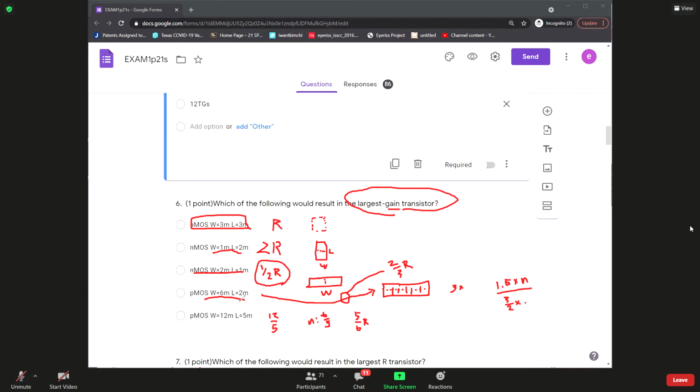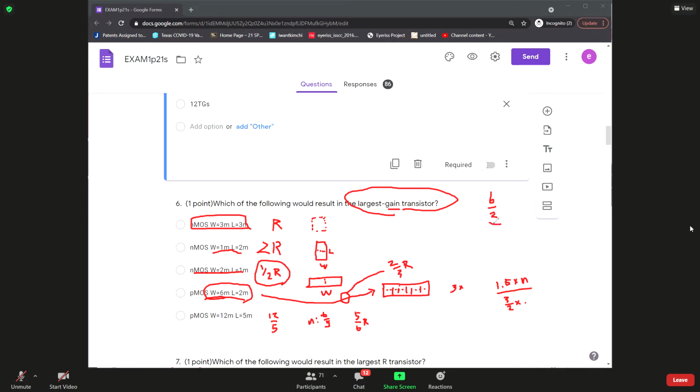Okay. First, you just find a proportion. Proportion for this guy is 6/2. And I'm interested in finding R. And gain is just inversely proportional to R. So I just want to find R for everybody. I will be able to find R easily if I can find the equivalent NMOS transistor geometry.